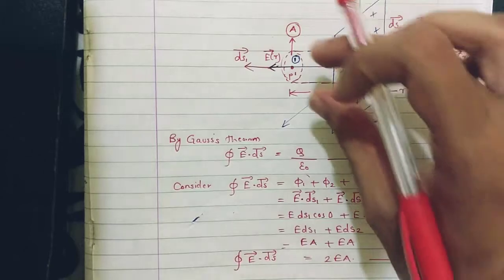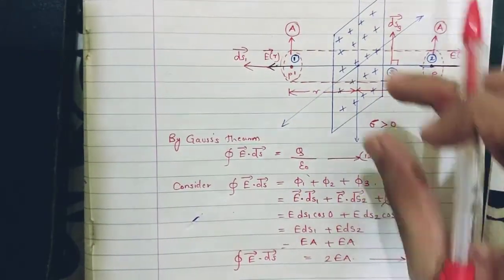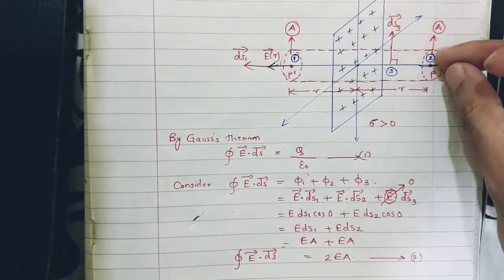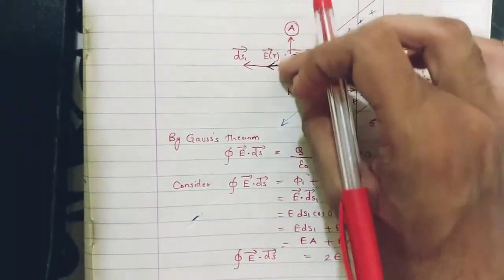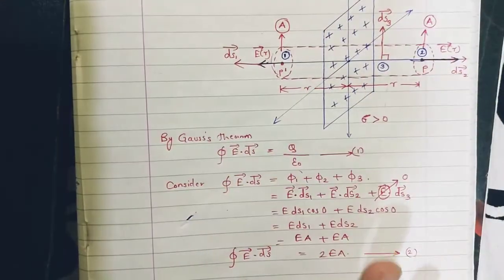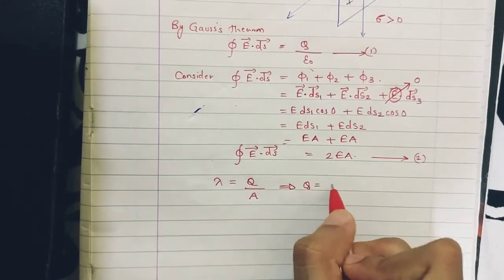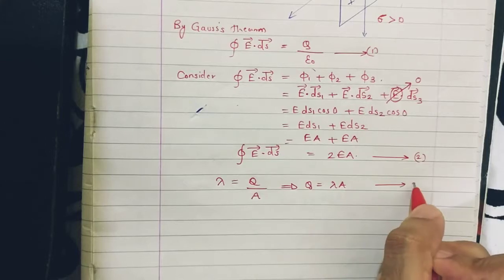Our area under consideration is just this part. Forget about the top part and down part. So the area is going to be this cross-sectional area over here. That is why we have taken it as A and not the area of the entire surface. So from here you will get Q is equal to lambda into A. So this is your equation 3.